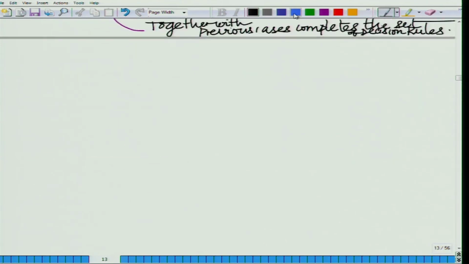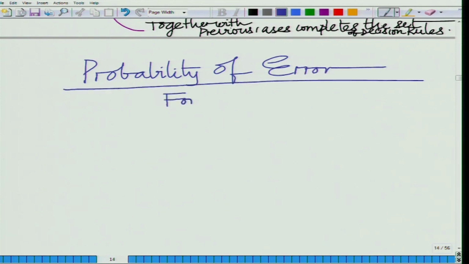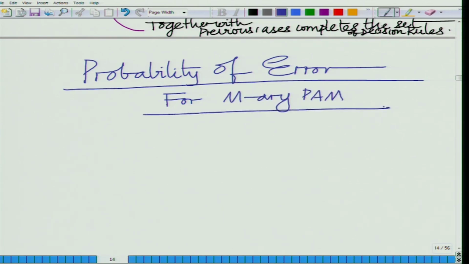Now, what is the probability of error? That is the next question that we wanted to look at. We want to ask this question: what is the probability of error for this M-ary PAM modulation?